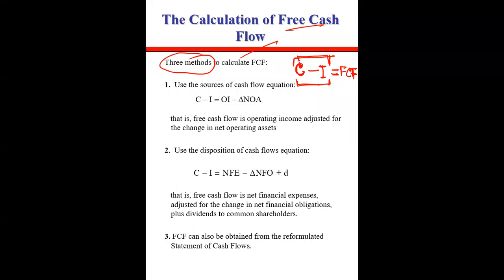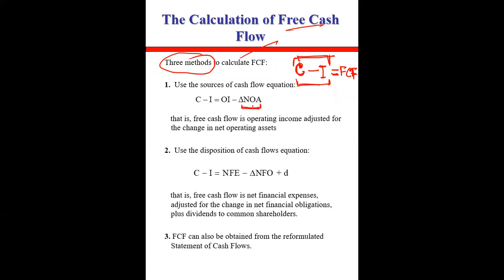Then you can take the difference of the net operating asset from the beginning to the ending. If you have made more investment in net operating asset, it will be a positive number. So it actually indicates what?